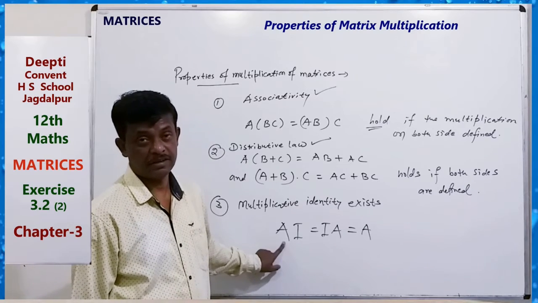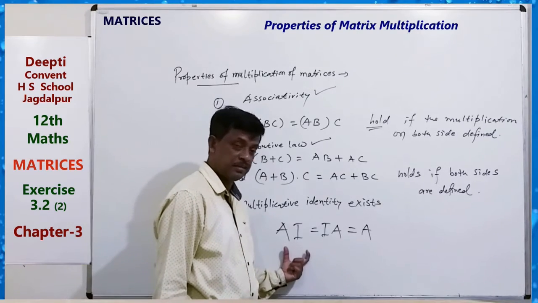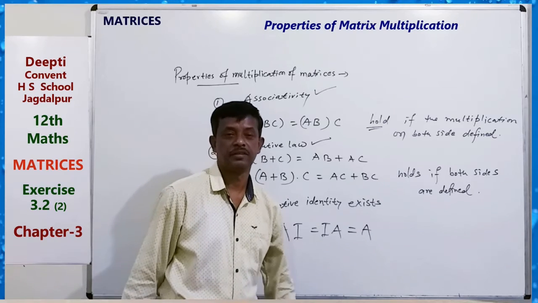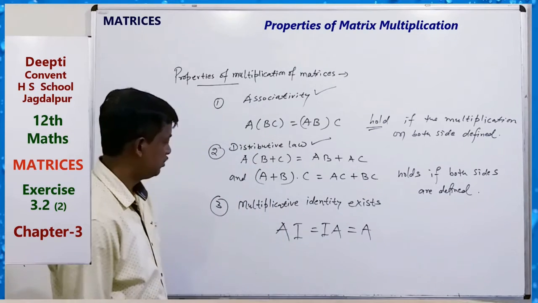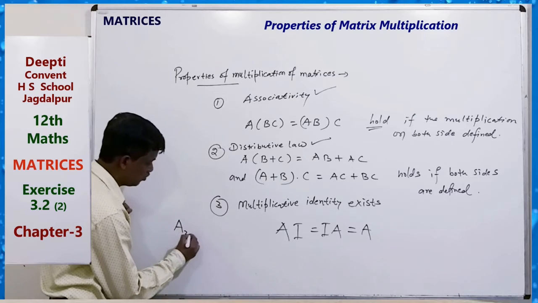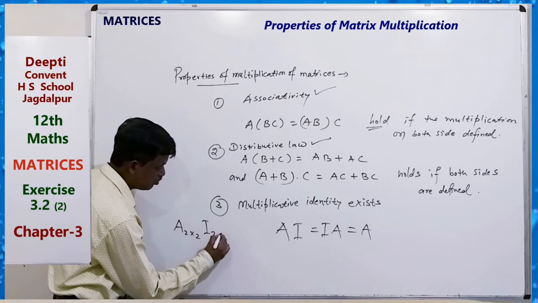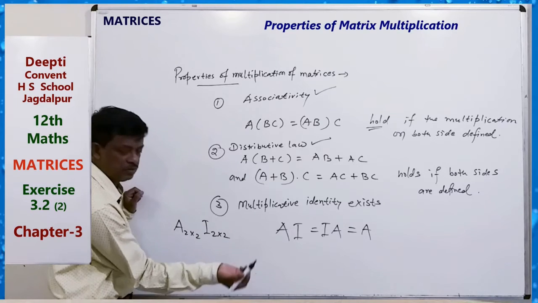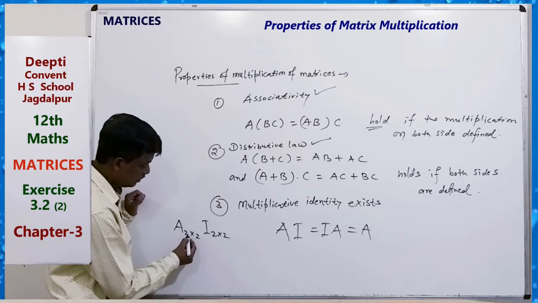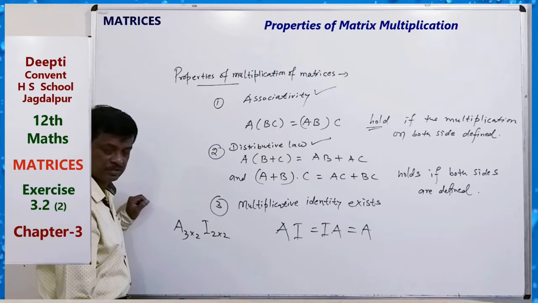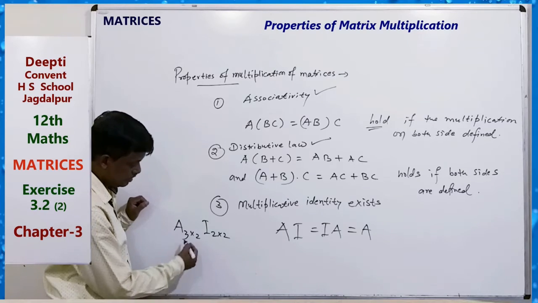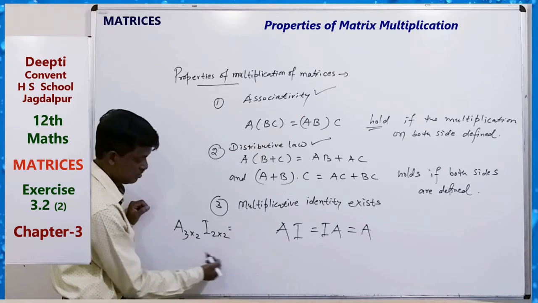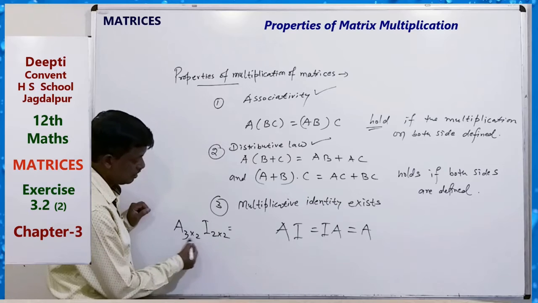It should be defined, then we can get this. Suppose A is 2 by 2, then take I as 2 by 2, a unit square matrix, so 2 by 2 times 2 by 2 gives 2 by 2. If A is 3 by 2, then it is also defined, and you can get A, 3 by 2.